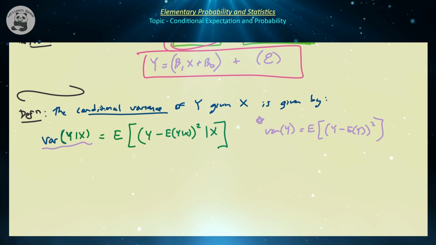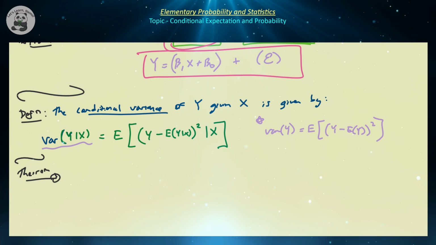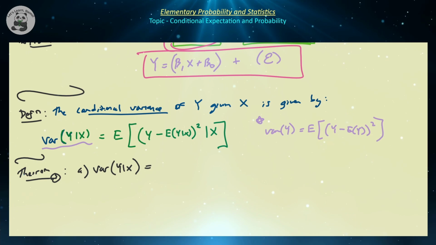Now, a couple of very important theorems that you definitely should know if you plan to work with conditional variance are the following. The variance of y given x, once you expand this little expression, is the second moment minus the mean squared equivalent version.